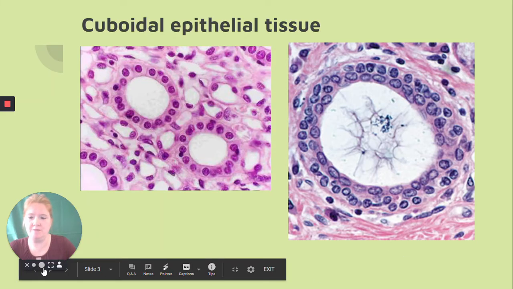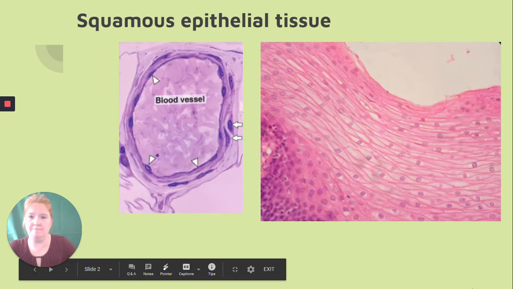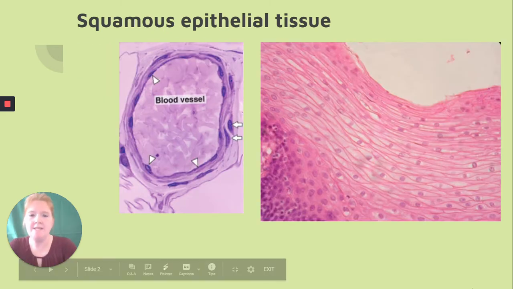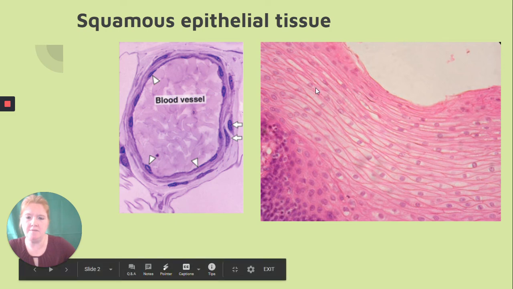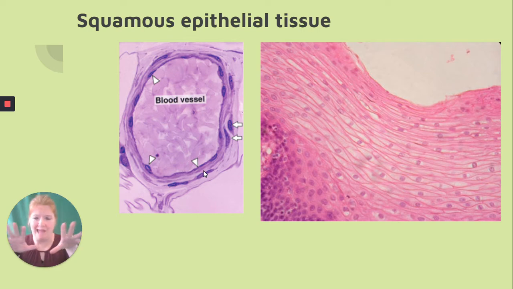All right, first we have squamous epithelial tissue. And this first image right here shows simple squamous. So remember, squamous are those flat, irregular kind of cells. And you can see one single layer of cells surrounding the interior of this blood vessel. Okay?